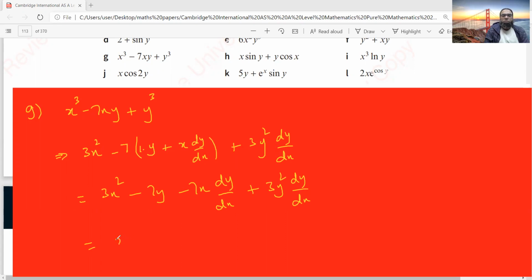And this becomes finally 3x squared minus 7y, and you take minus dy by dx common from here. This is 7x minus 3y squared, and you have this dy by dx. See how I'll be differentiating the H part.